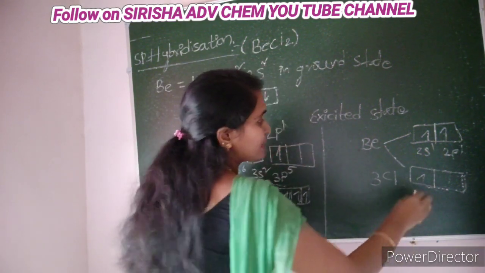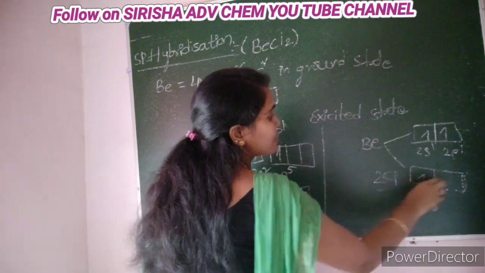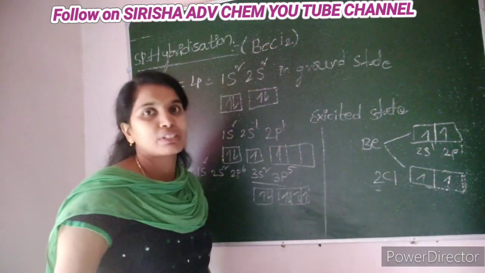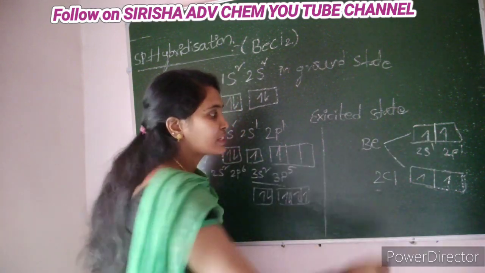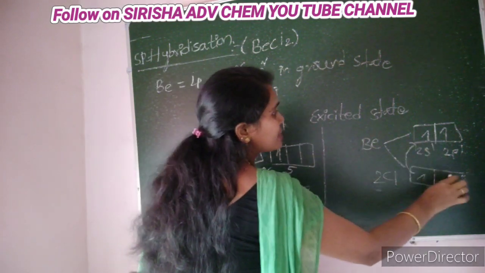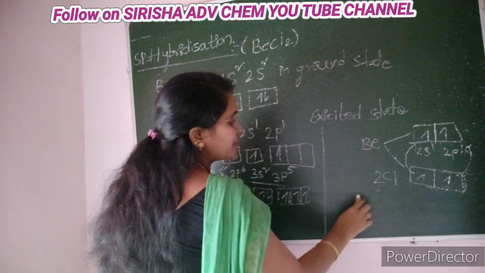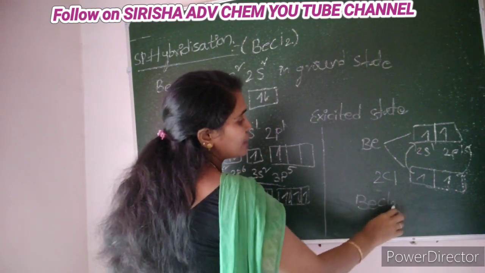So 2 electrons here, 2 electrons there. They will be paired with these and form BeCl2.